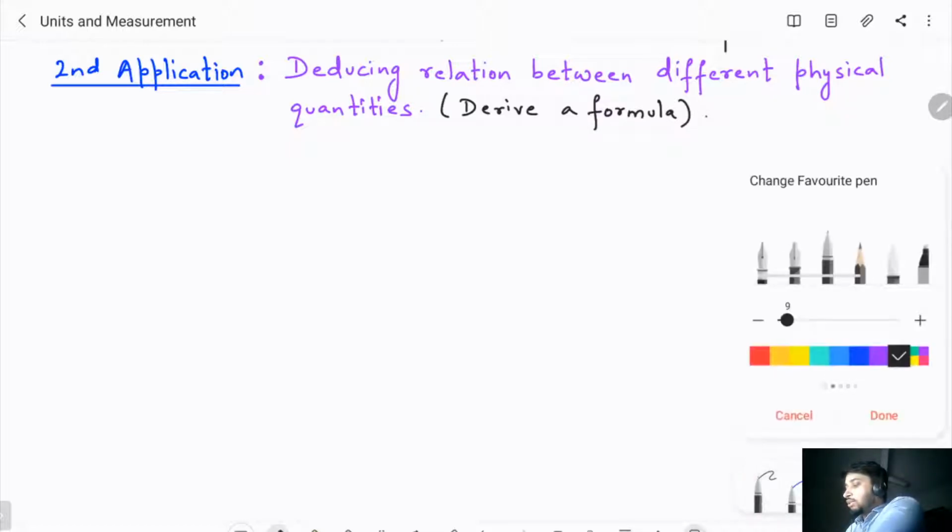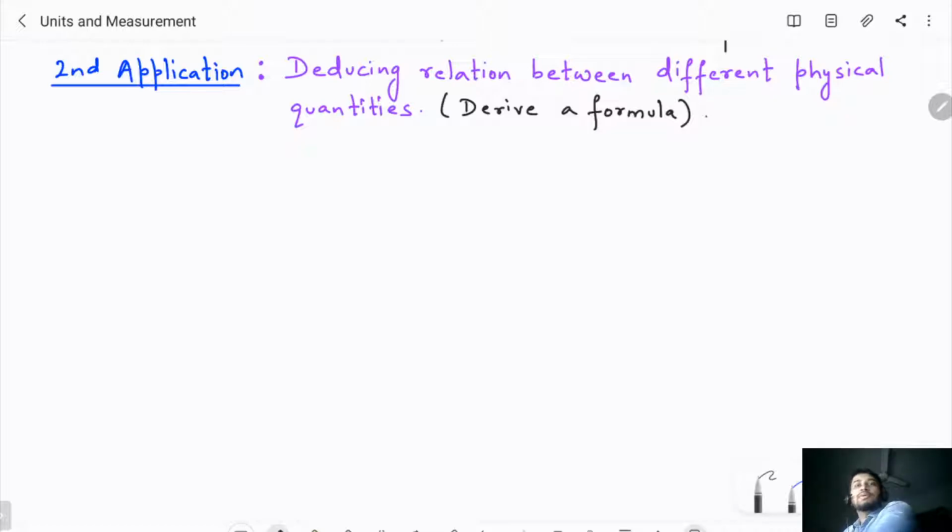So here let us take one example to understand. Suppose we need to derive a formula for the time taken by a body to come down by height h.